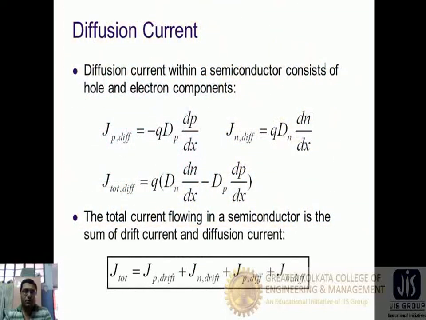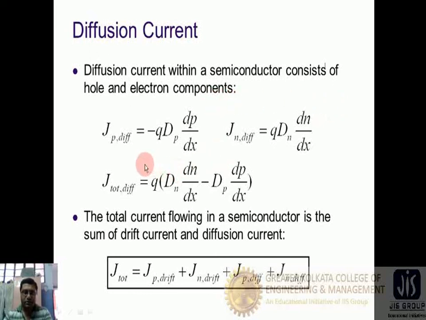So we can see the expressions of the diffusion current. The diffusion current within a semiconductor consists of hole and electron components. Here we can see the hole component of the diffusion current. It involves the concentration gradient, and in this section we can find the diffusion current of the electrons.